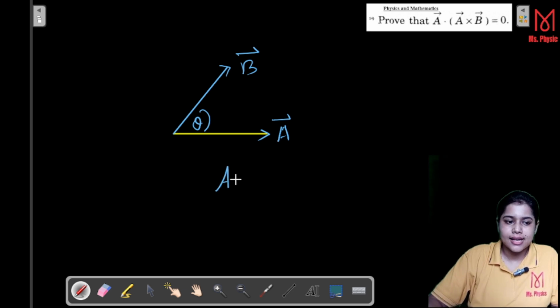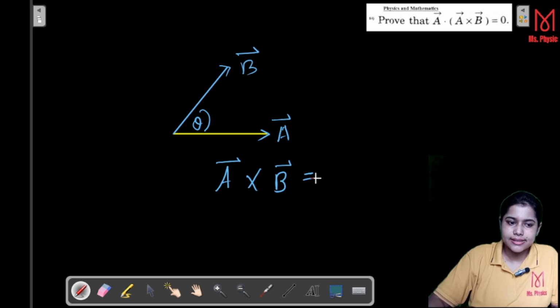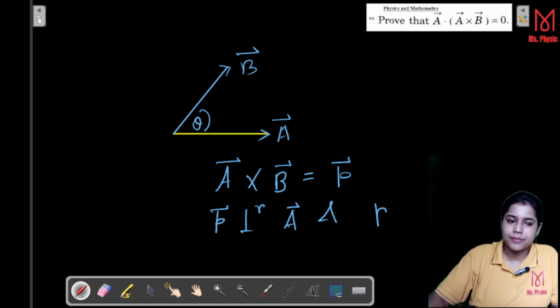If I consider A cross B is equal to P, then P is perpendicular to A and also P is perpendicular to B.